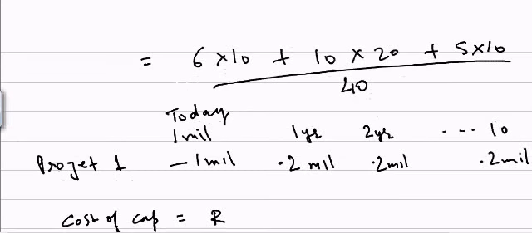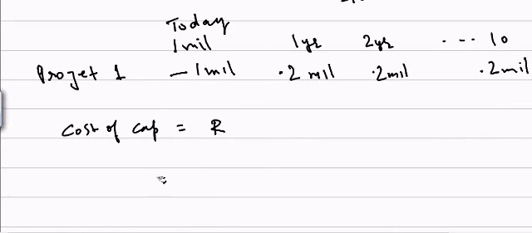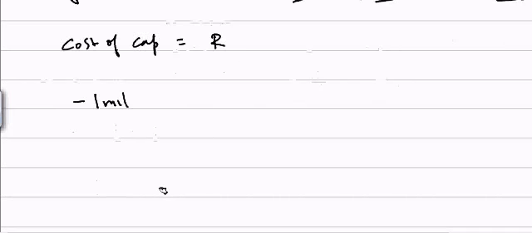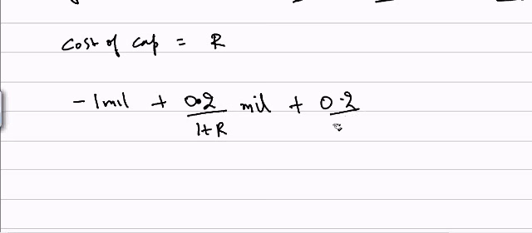So we say minus 1 million, plus 0.2 million divided by 1 plus R, plus 0.2 million divided by 1 plus R squared, and so on, up to 0.2 million divided by 1 plus R raised to the power 10. And we can calculate the net present value. So this will give us the net present value of the project.